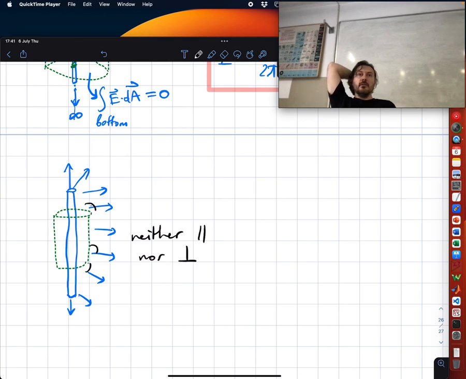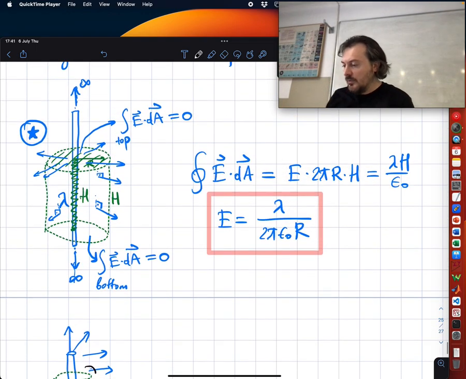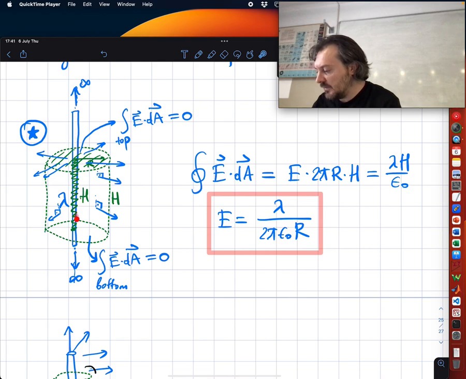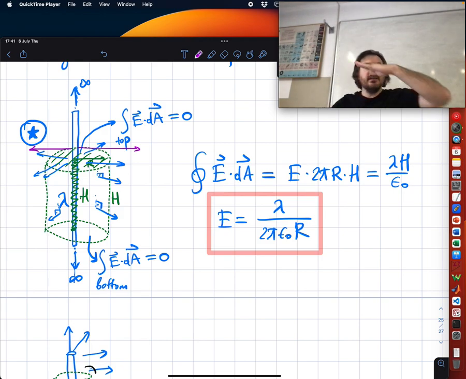In the first time, I didn't understand why the total flux is zero on the top side. Yes, okay. So in here, this thing is infinite, okay? So since that is infinite, the electric field is always going outwards, perfectly straight, perpendicular to the wire.